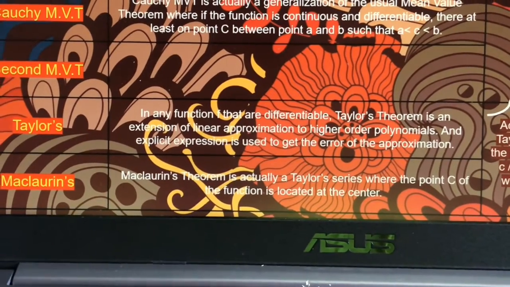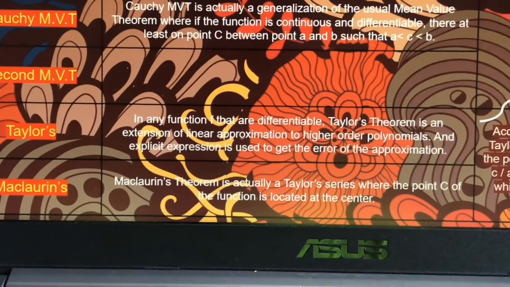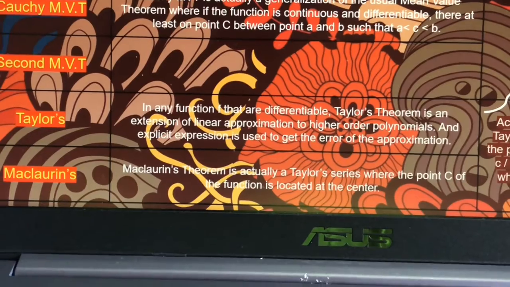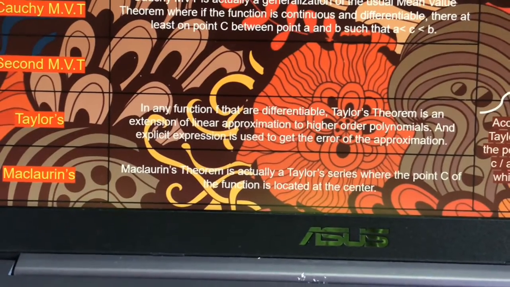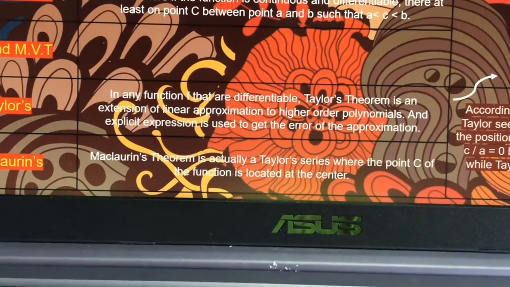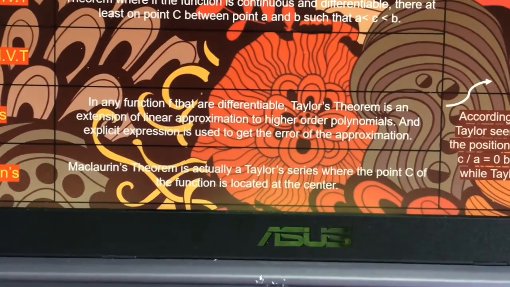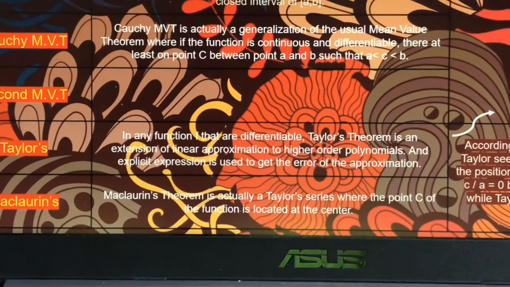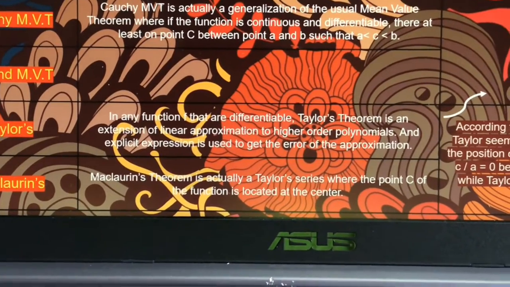An explicit expression is used to get the error of the approximation. And Maclaurin's is a theorem in a Taylor series where the point c of the function is located at the center. As I mentioned before, c or, in some lecture notes, a is equal to 0.